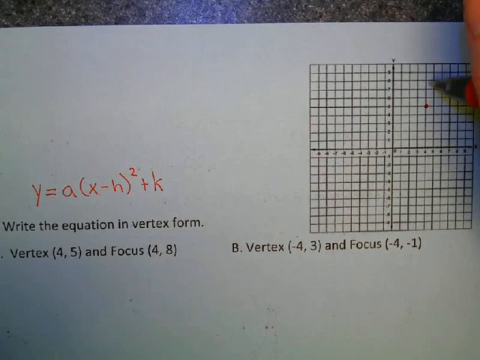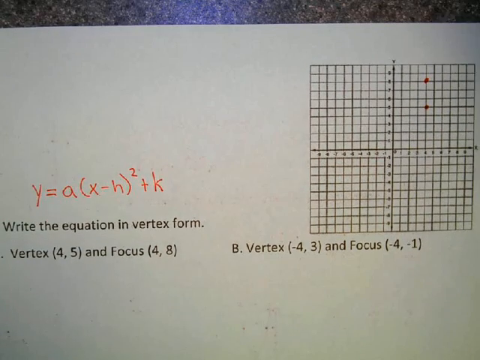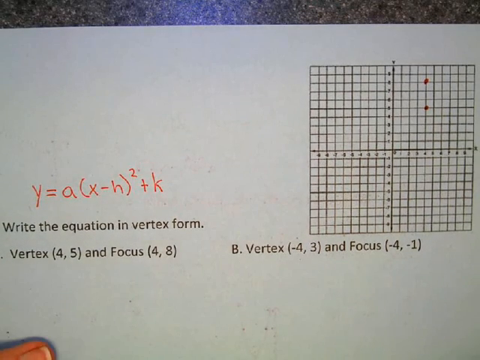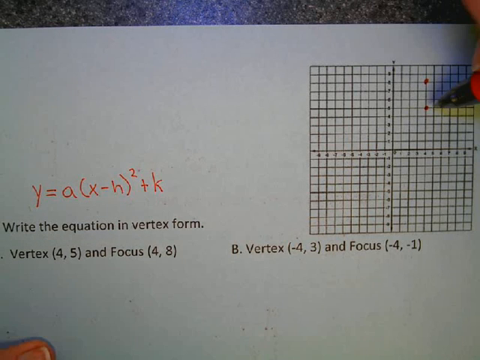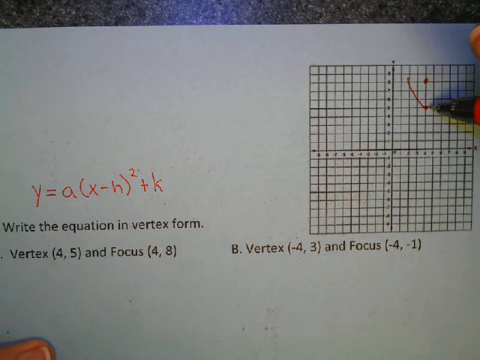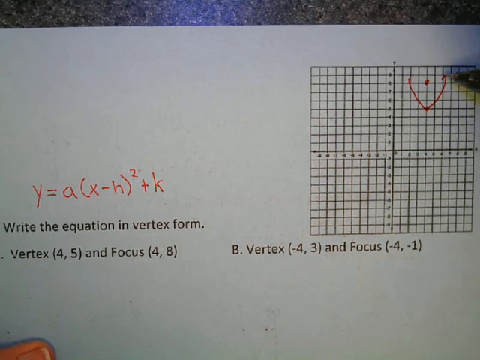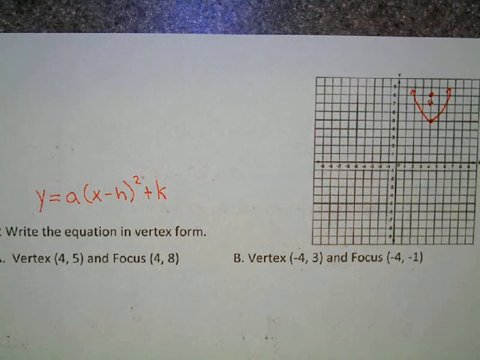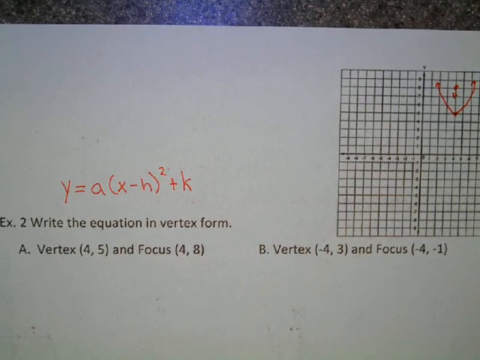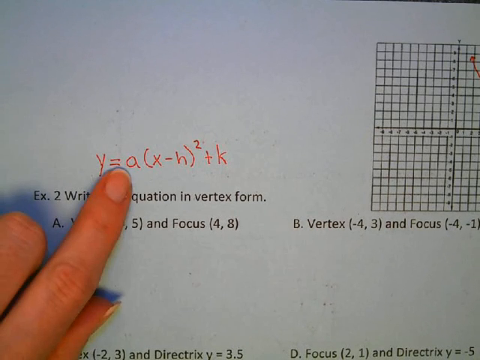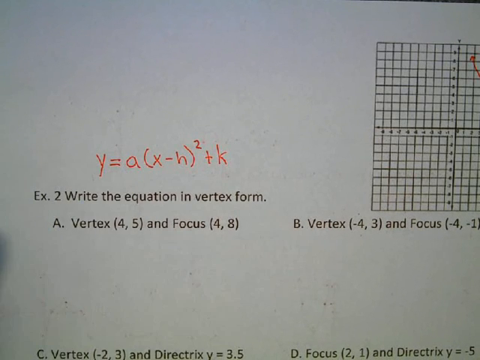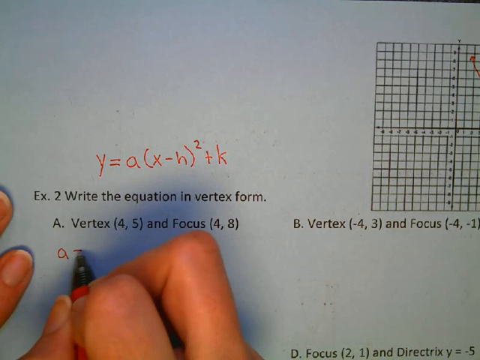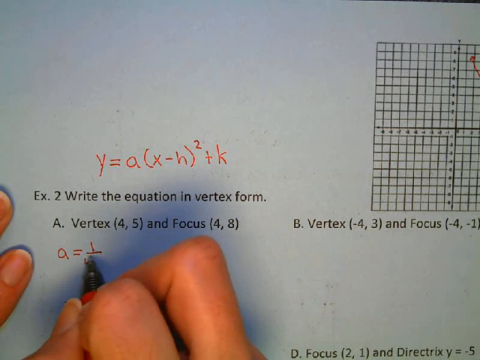Since I don't really know much other than this is the focus and this is the vertex, I know that means the graph's going to be going up, because the focus has to be inside of the parabola. Okay? So, in order to write the equation, we have to know what a is. The formula for a is a equals 1/4p. P is the distance between the vertex and the focus.